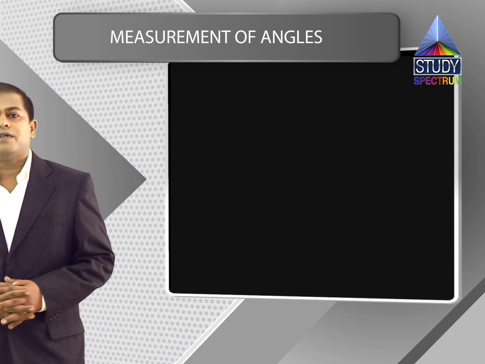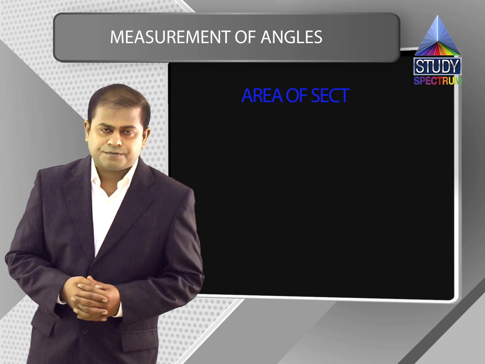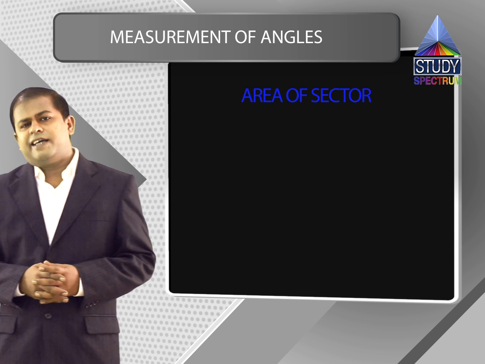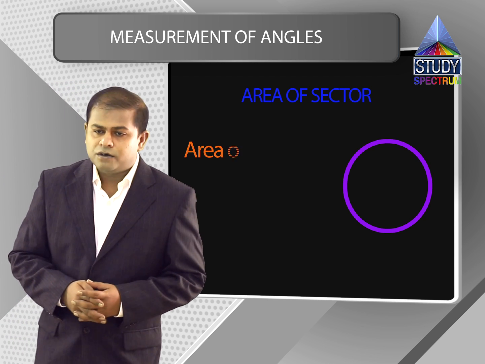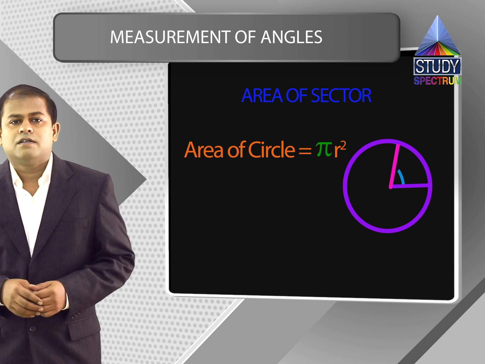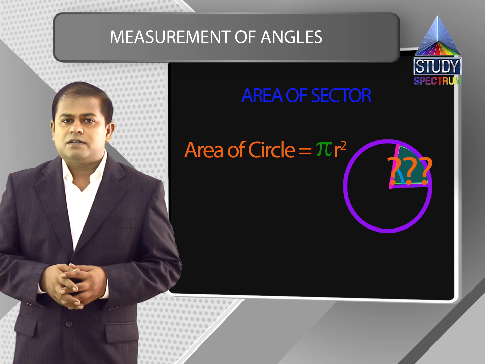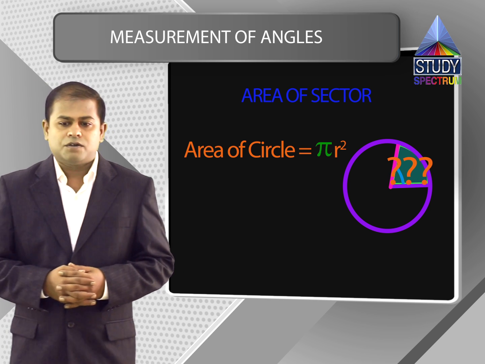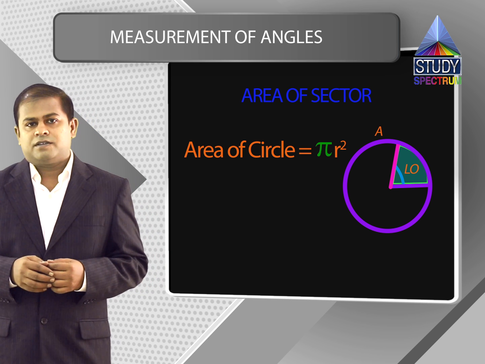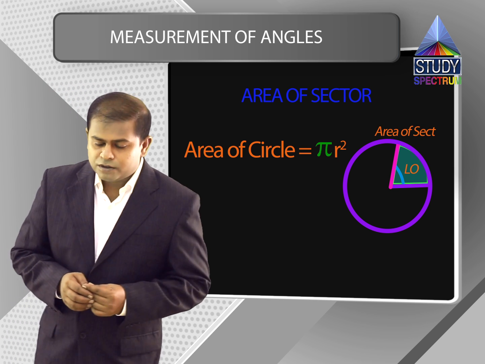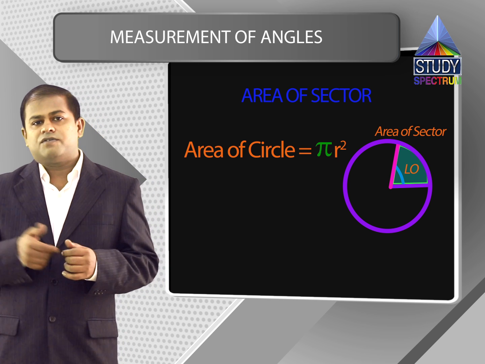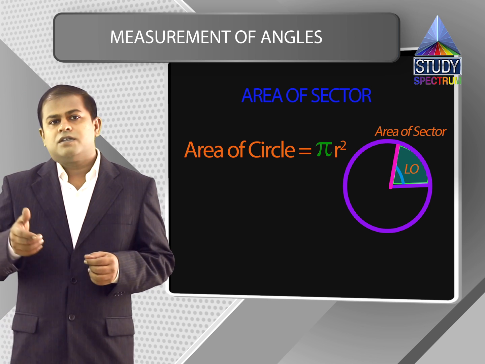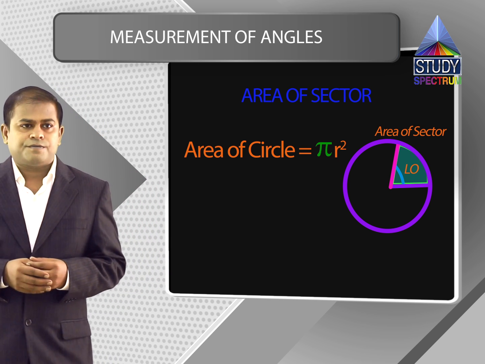Now moving to the next topic, that is area of a sector. We know the area of a full circle is pi r square. Now here we have a sector, the angular measure of which is theta radians. The question is, what is this area? So using the concept of proportionality, we'll try to deduce the area of the sector corresponding to central angle theta radians.